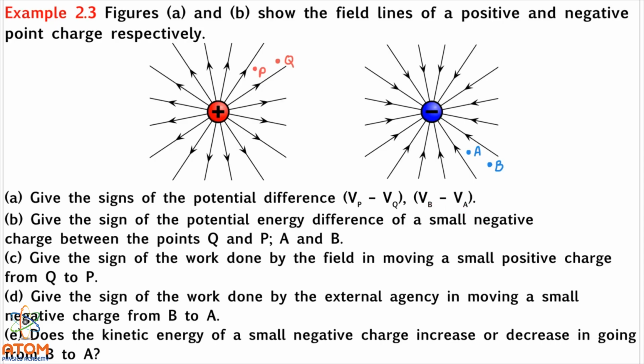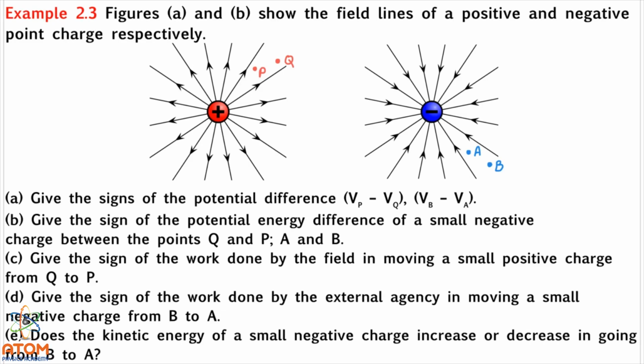B: give the sign of the potential energy difference of small negative charge between the points Q and P and A and B. Then C: give the sign of the work done by the field in moving a small positive charge from Q to P. Then D: give the sign of the work done by the external agency in moving a small negative charge from B to A. Then E: does the kinetic energy of a small negative charge increase or decrease in going from B to A?